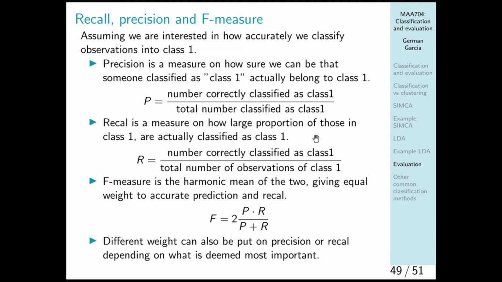And now that we have recall and precision, we're going to go for F-measure, and F-measure is nothing else than the harmonic mean of the two. By giving equal weights to p and r, it's 2pr divided by p plus r. Now, you can give different weights to precision or to recall depending on what is most important for your study.